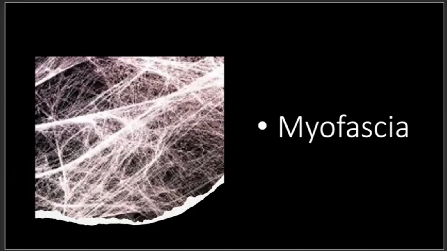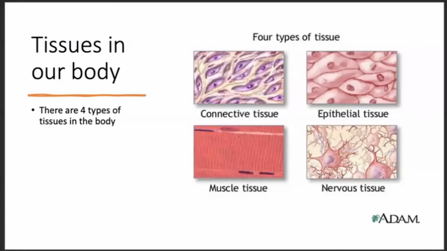But as a therapist, I more work with the myofascia, which is basically the fascia surrounding the muscles. So, to understand the fascia, we must first understand, I'm going to put that in a slideshow format.